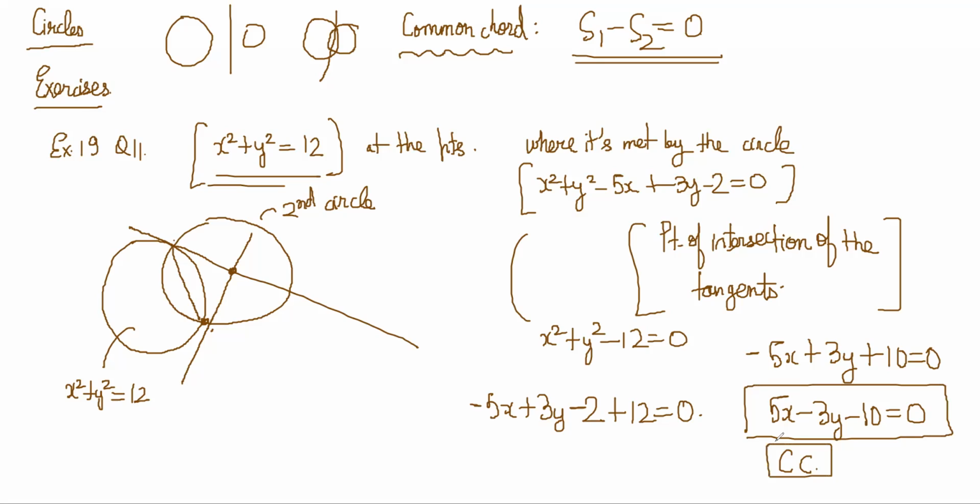Now, obviously, you can see that this common chord is basically the chord of contact for this circle from this point. Let's say the point P is (h, k). What is the equation of the chord of contact? xh plus yk is equal to 12. xh plus yk minus 12 is the same line as this.